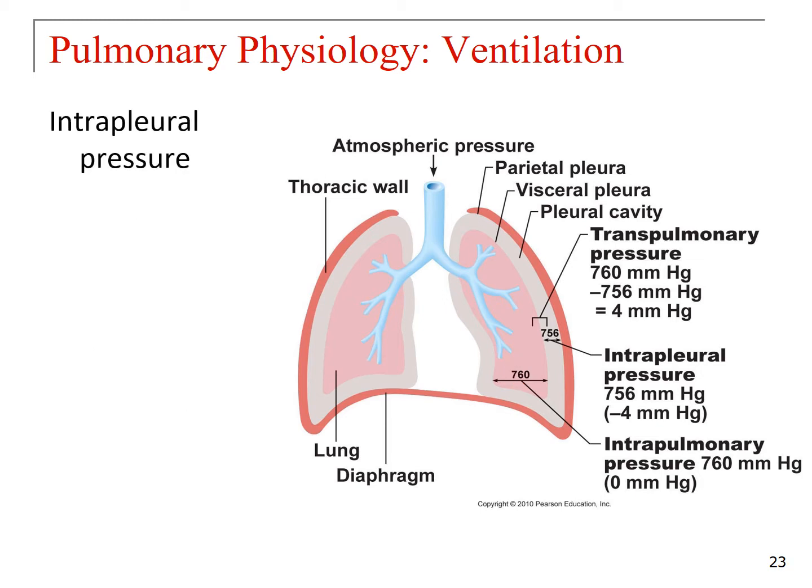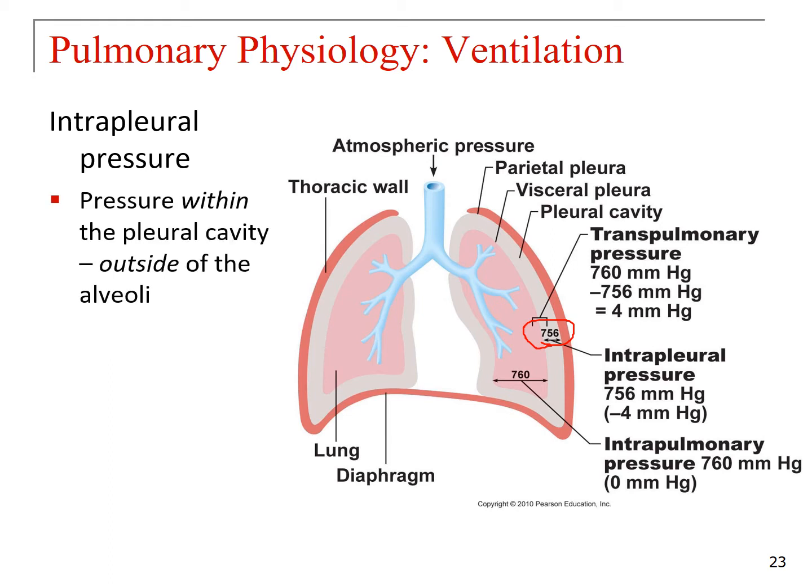Okay, intrapleural pressure is right here. The intrapleural pressure is the pressure in between the visceral pleura and the parietal pleura. Remember, this is the pleural cavity that we're talking about, a cavity made up of a double layered membrane. So the intrapleural pressure is the pressure in between the parietal pleura, which is the outer one, and the visceral pleura, which is the inner one.